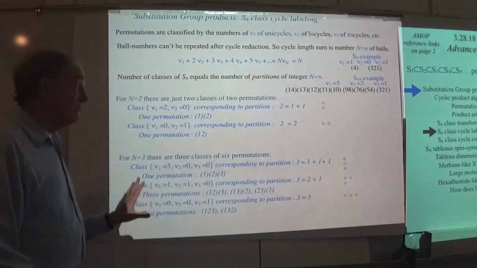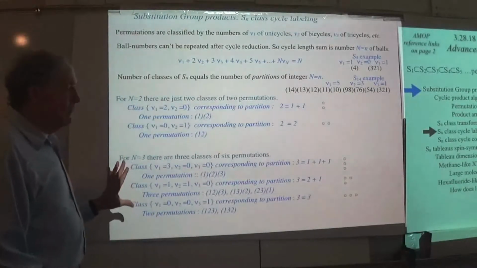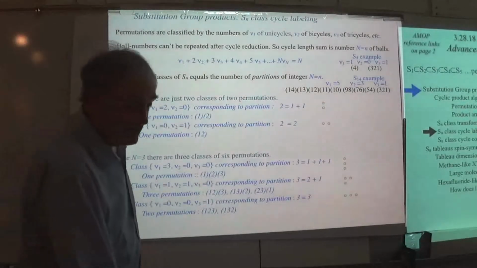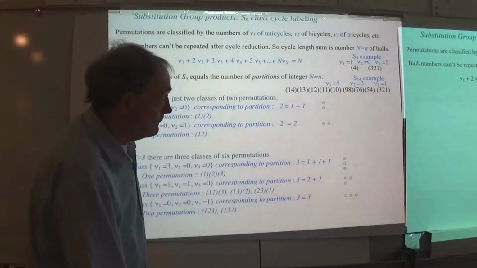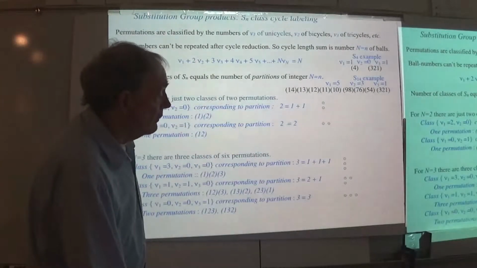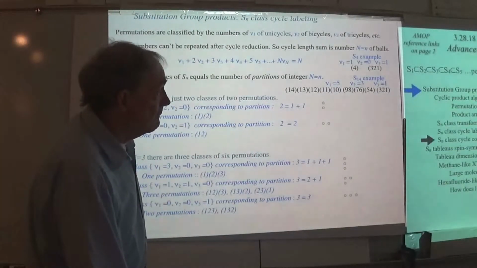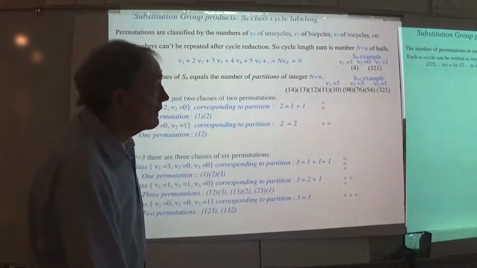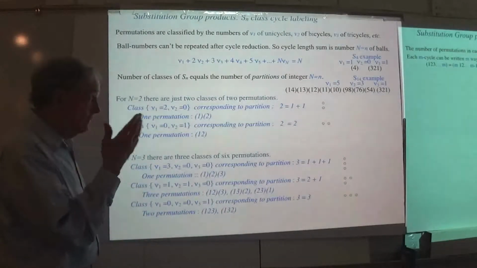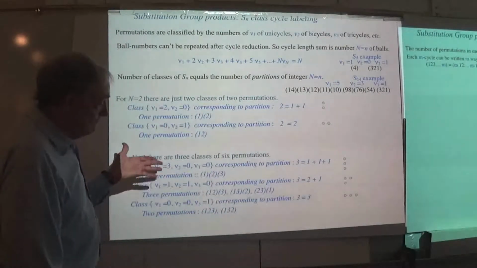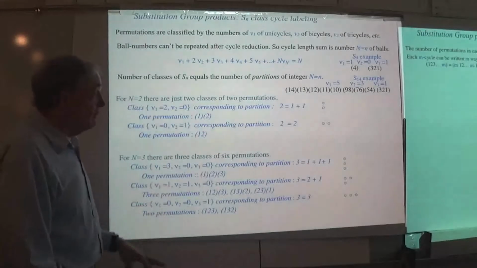All right, so that's something I want to look at first, as these have very simple structure. But I need to be able to count how many of these classes we have in general. It's really easy to count when we talk about the small numbers.